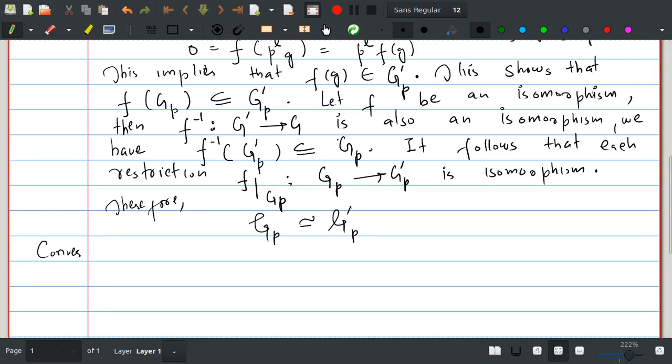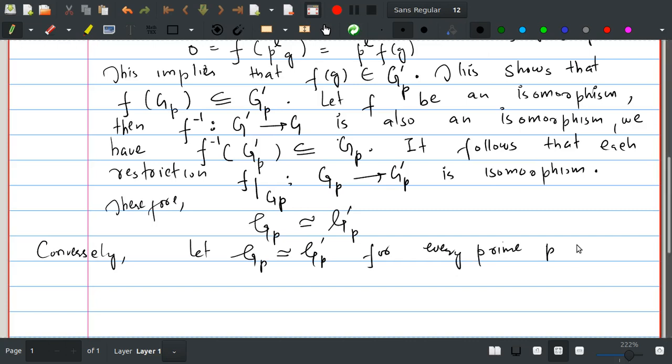So conversely, let G_p be isomorphic to G prime_p for every prime p. Now what we had to prove is that these groups G and G prime are isomorphic as well.